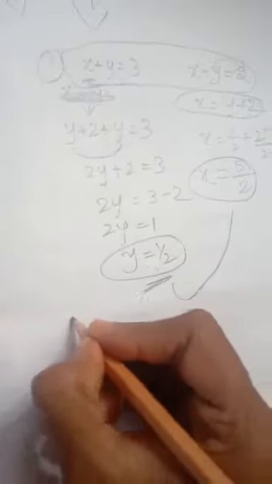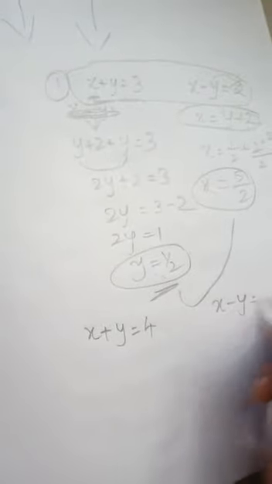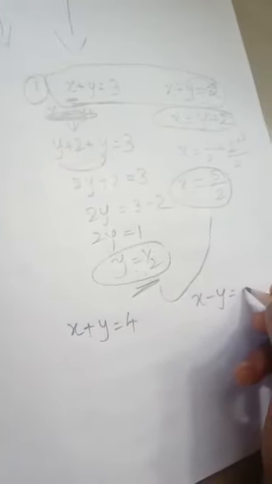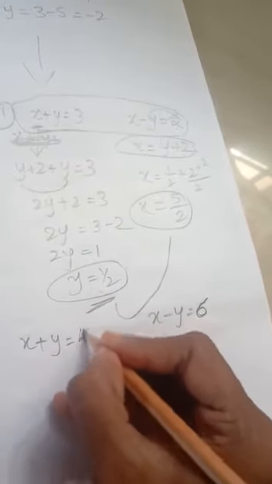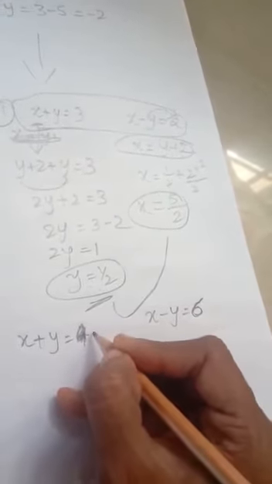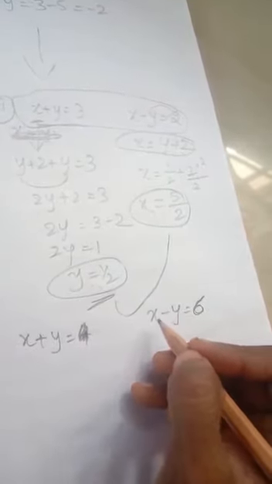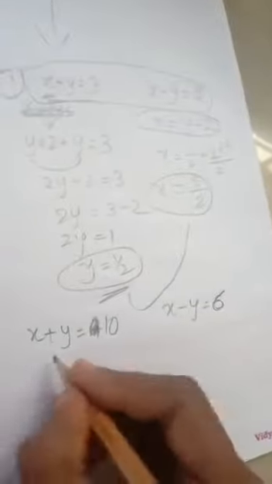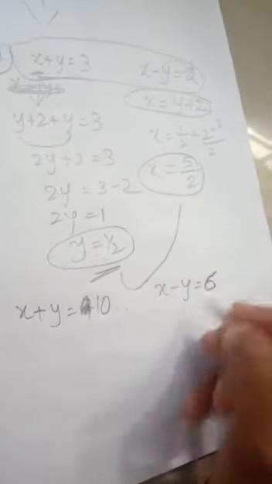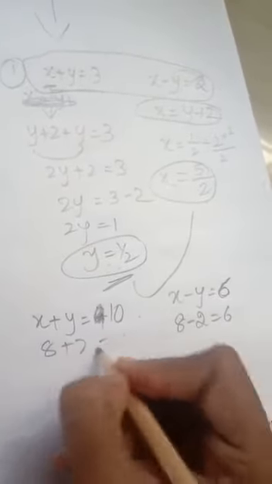If the equations are changed: x plus y is equal to 10, x minus y is equal to 6. 8 minus 2 is equal to 6. 8 plus 2 is equal to 10.